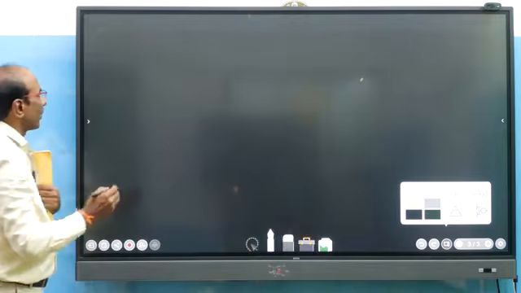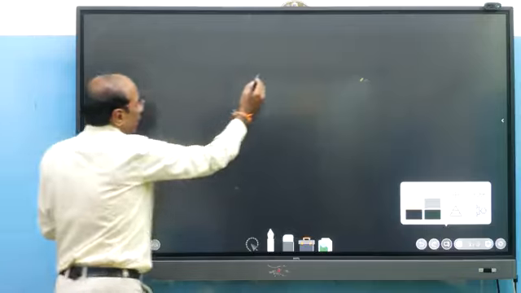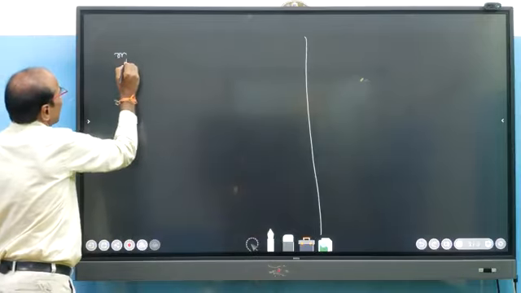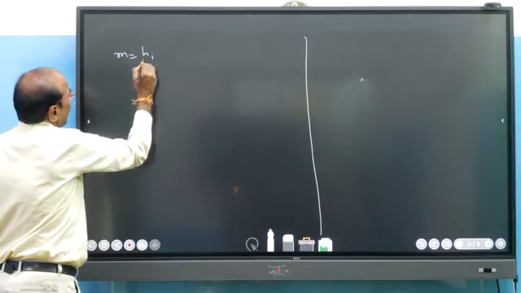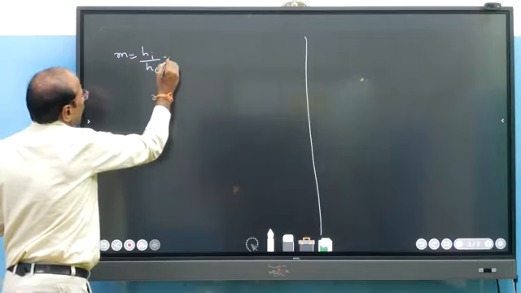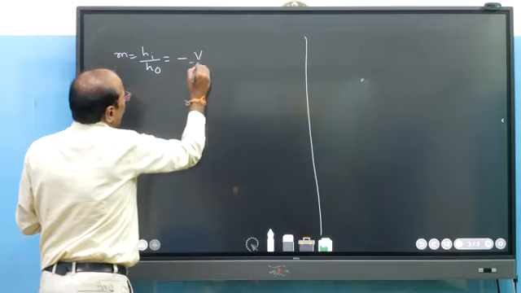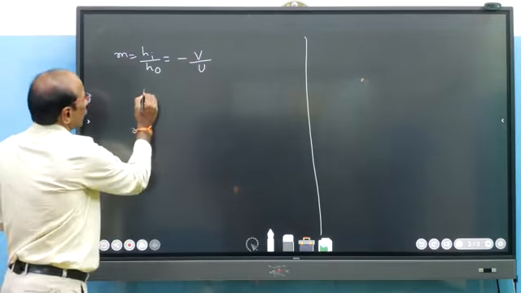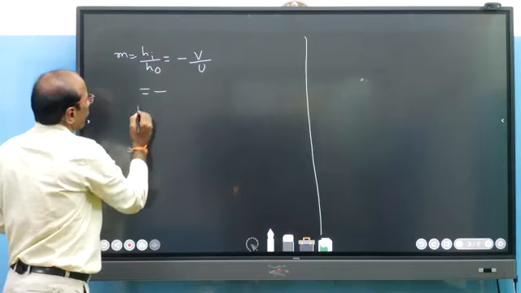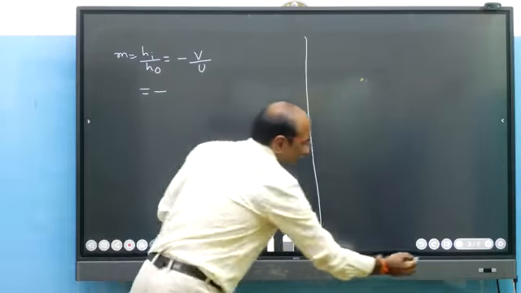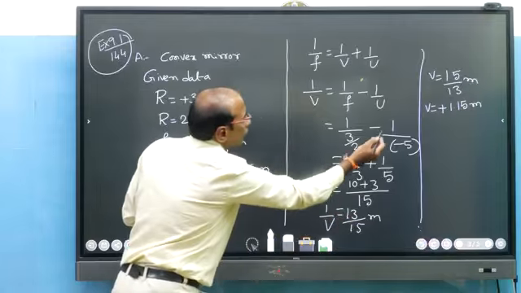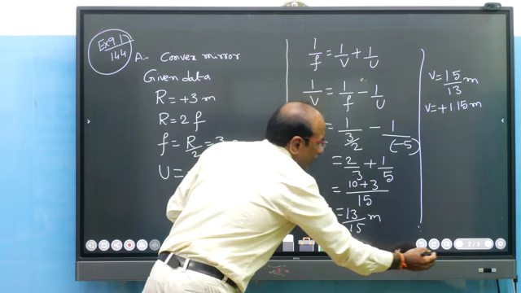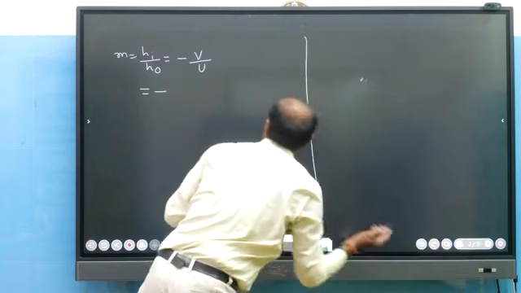To find the nature of image, we have to find the magnification. Magnification M equals height of the image by height of the object equals minus V by U. What is the value of V? V equals 15 by 13 meter.